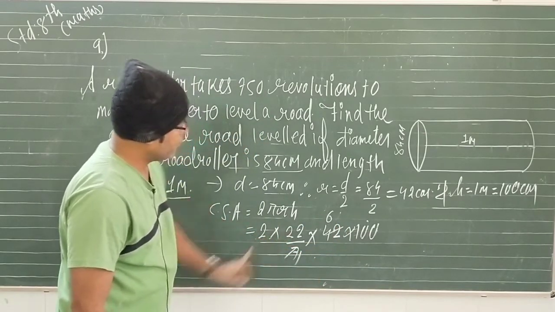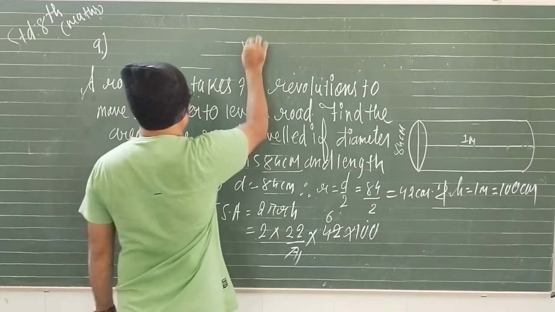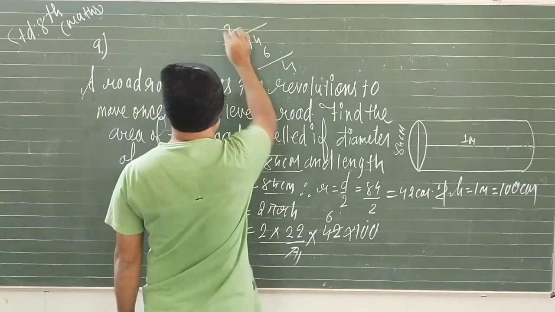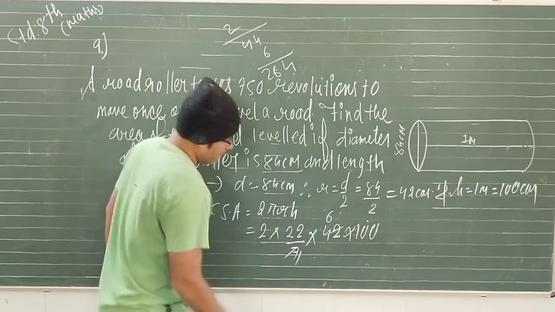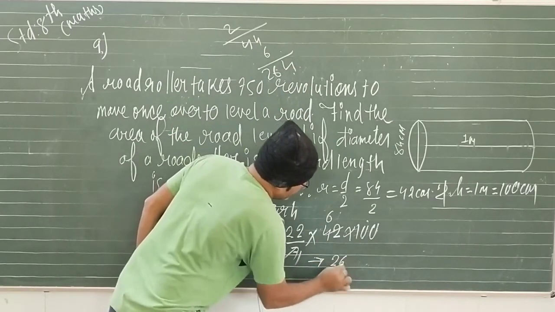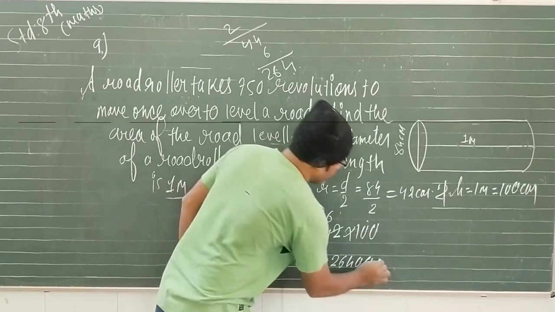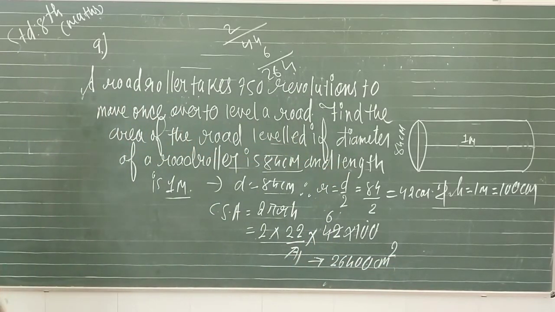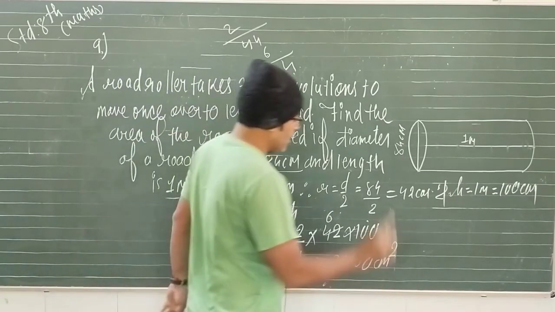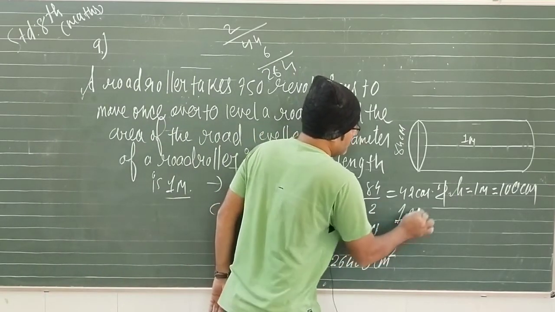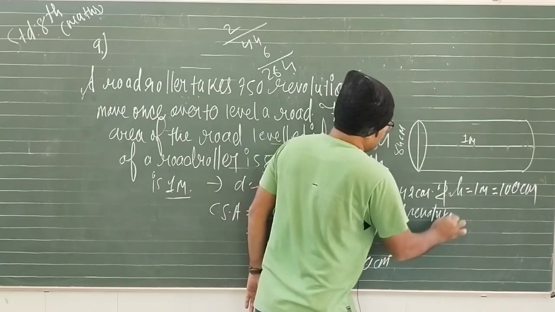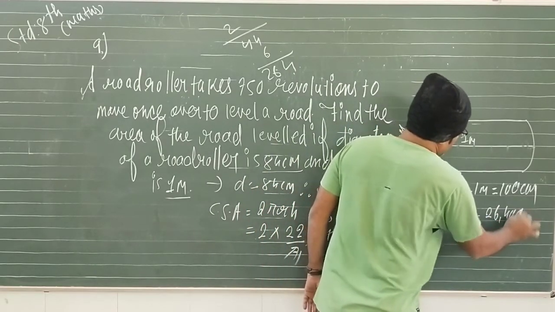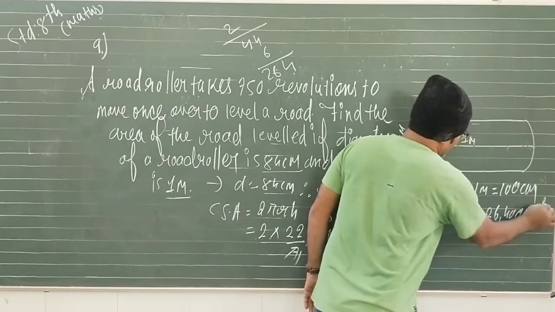Now 22 twos are 44, 44 into 6 is 264, 26,400 centimeter square. So in one revolution this much area is leveled. One revolution is equal to 26,400 centimeter square.